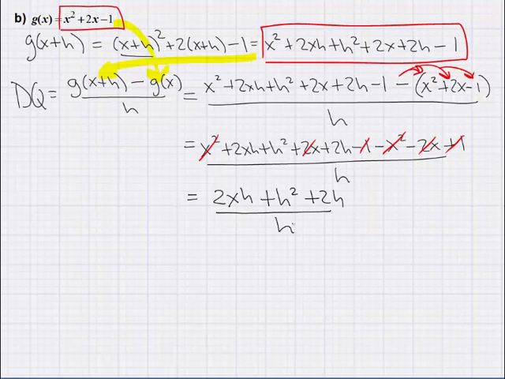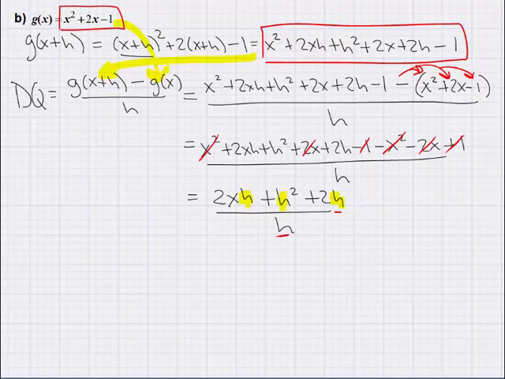My goal is to cancel the h out of the denominator. Well, guess what? Every one of these terms has an h in it. I cannot just cancel one h here with, say, one of the h's here. That's not going to work.